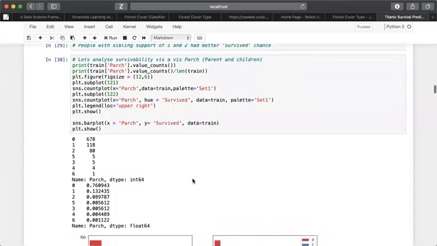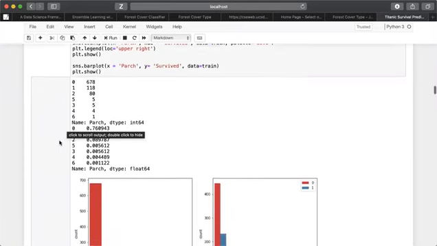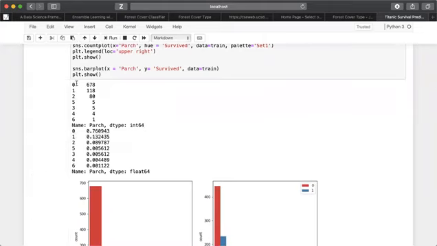Now similarly we have done for parch. First the values, thereafter the percentages, the count plot, then the count plot with the hue of survived, and thereafter the bar plot. So here also we see in parch, 678 people were traveling alone.